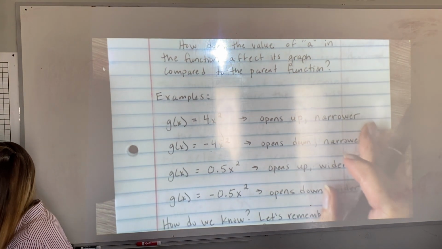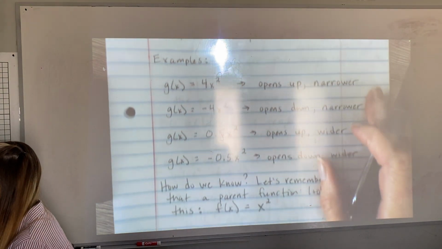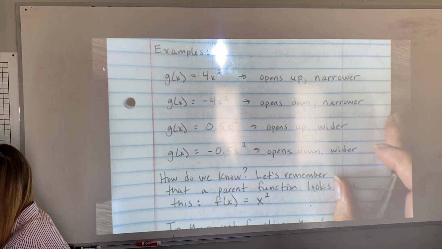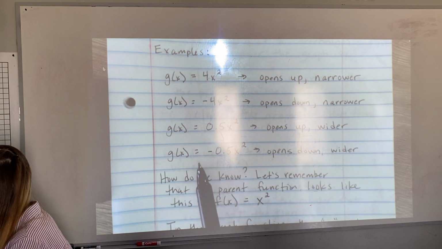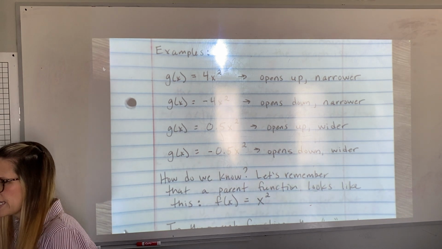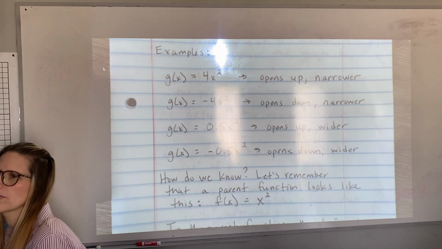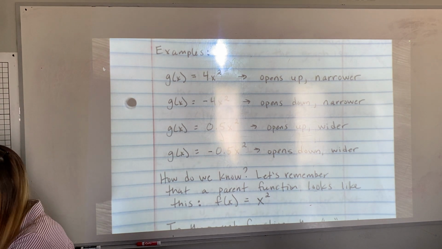Now, there are going to be 4 questions, so I gave you 4 examples of the types of questions you may see. These are 4 different functions, and it basically covers any type you might see in those 4 questions.